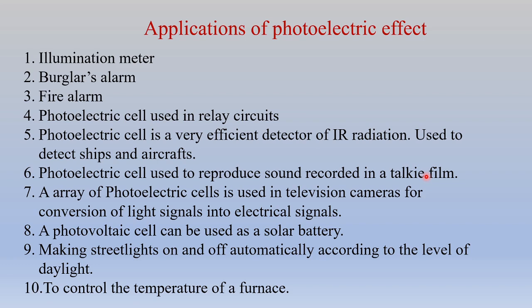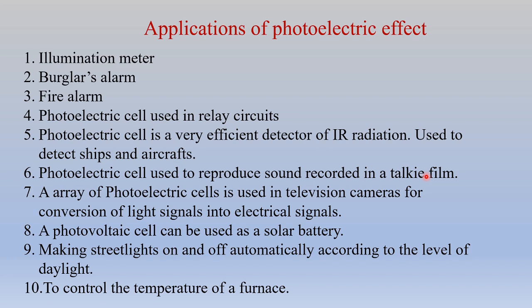That is also the case with the fire alarm. In the fire alarm, we are also using IR radiations. Fire means heat, and heat means IR radiations. So we have photoelectric cells which are more responsive to IR radiations.